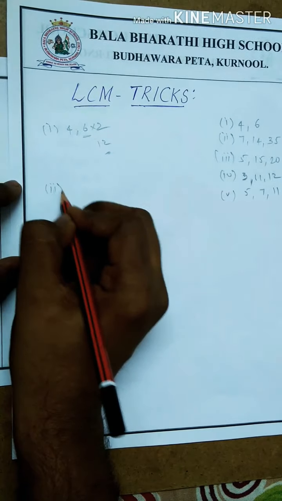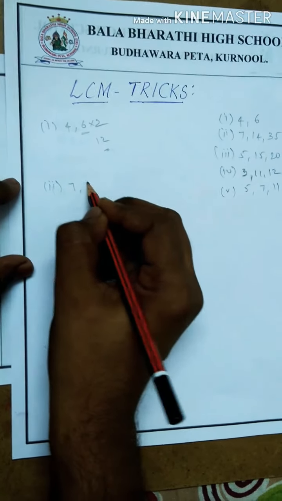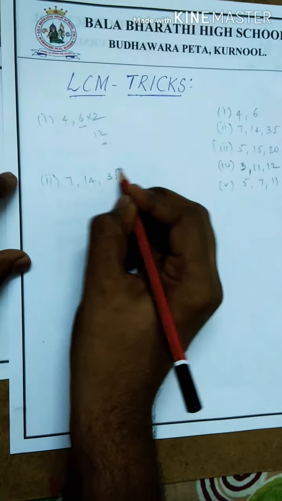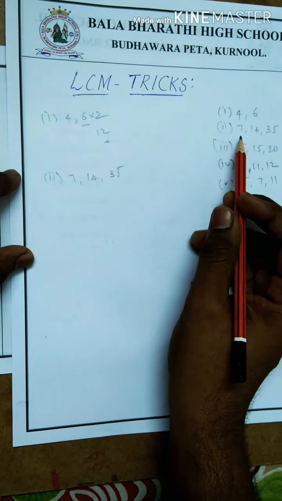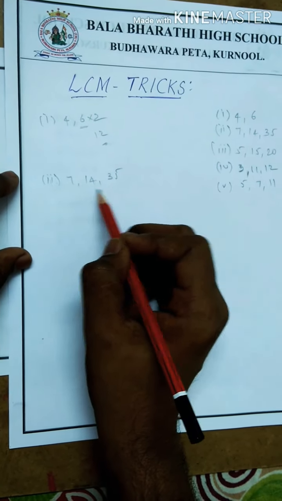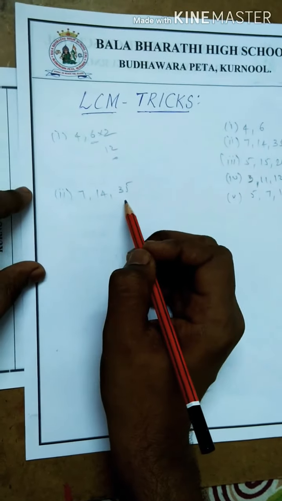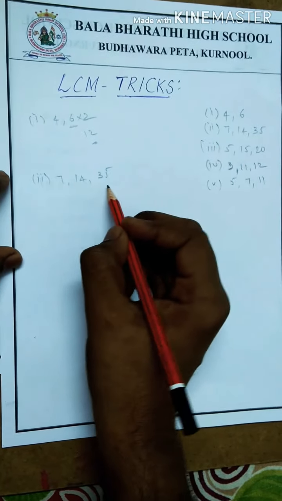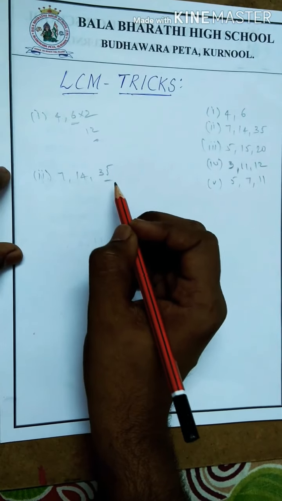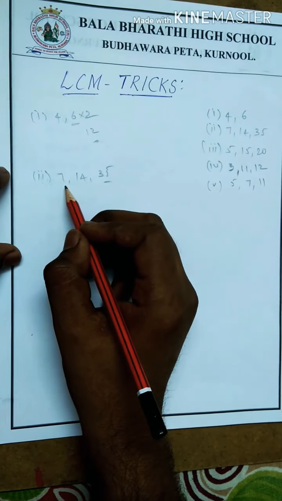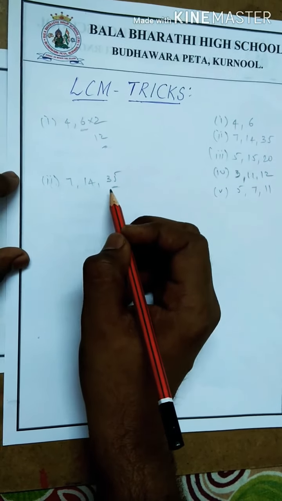Look at the second example. 7 comma 14 comma 35. Now here we have three numbers, 7, 14, 35. Out of these three numbers, which is the biggest number? 35, right? Can 35 be divided by 7? Yes. 7 5s are 35.